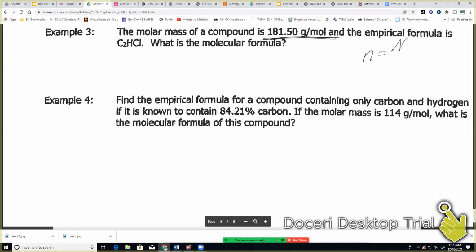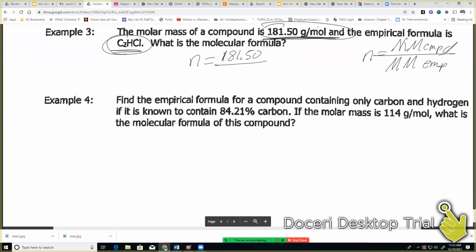Remember, we're doing molar mass of the compound divided by molar mass of empirical. And then it says this is my empirical formula. So to find my little n, I take molar mass of my whole compound, 181.50, and I divide it by the molar mass of just this compound.